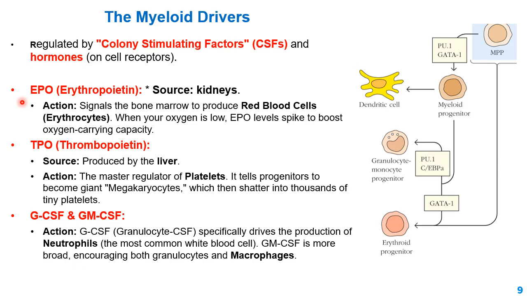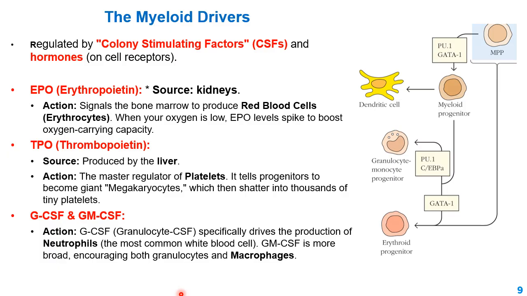A hormone is a molecule that is produced by one cell in the body and then dumped in the blood, and it travels in the blood and gets to the target cell. Here are examples of hormones. The most important one here is erythropoietin, and what makes erythropoietin are cells in your kidneys.